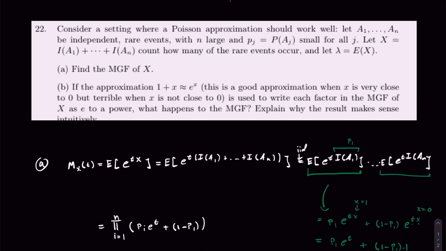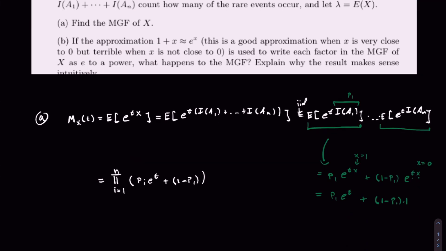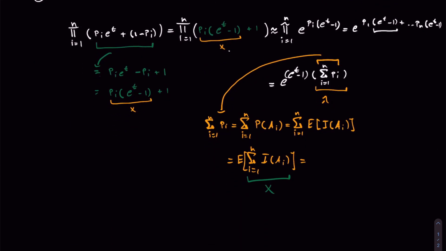Let X equal all these indicators. We're using this information over here, and we're almost done here. The expectation of the sum. Well, this is getting a little ugly. Sorry about that.